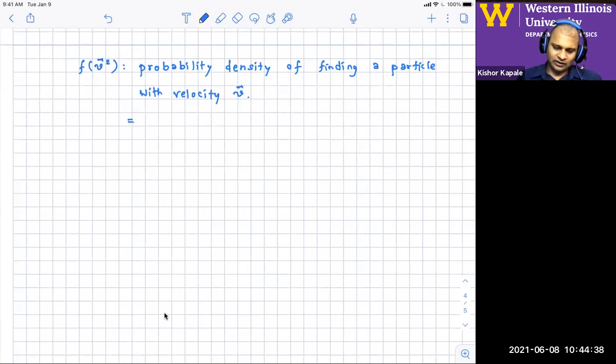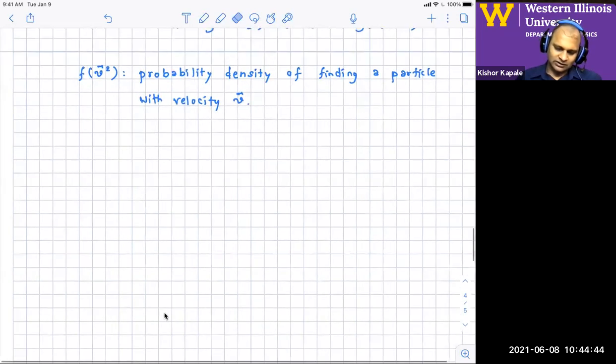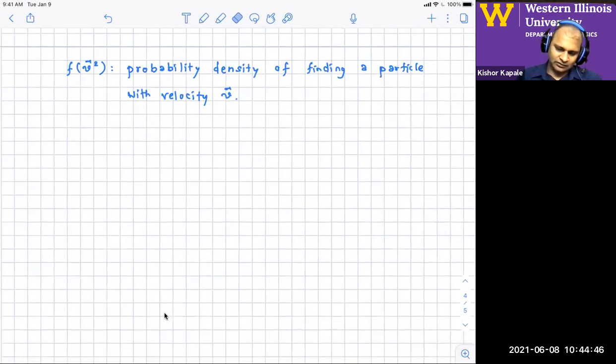So we are assuming vx, vy, vz are statistically independent. So this needs to be equal to the product of f of vx squared times f of vy squared times f of vz squared.